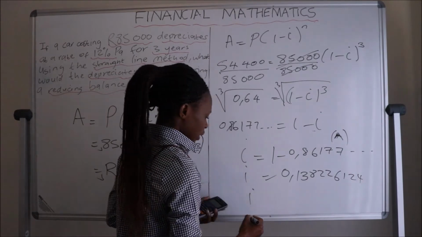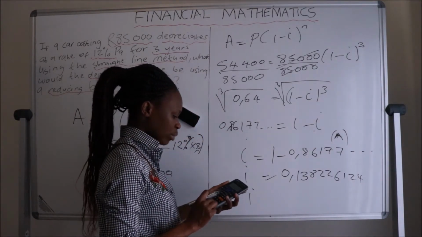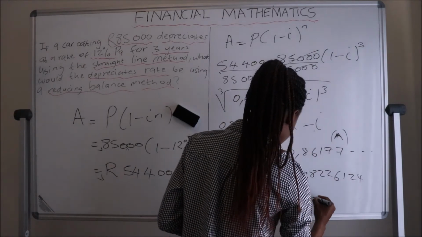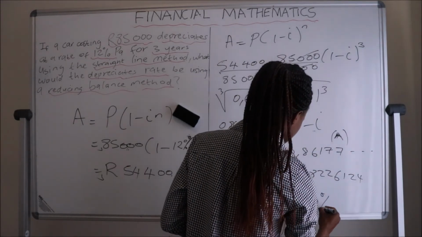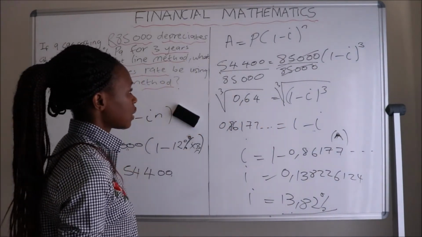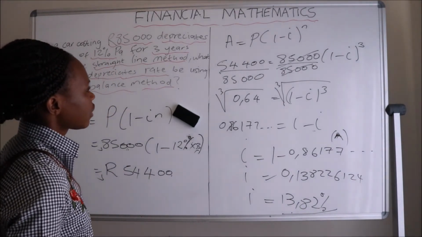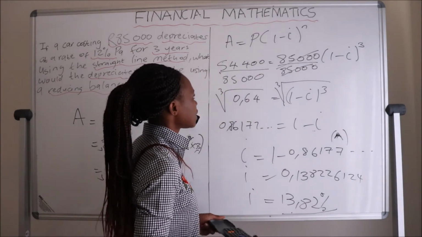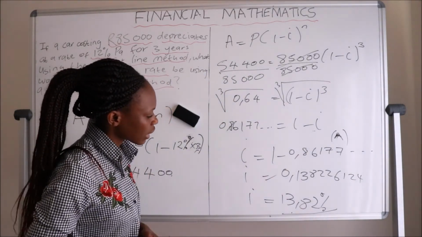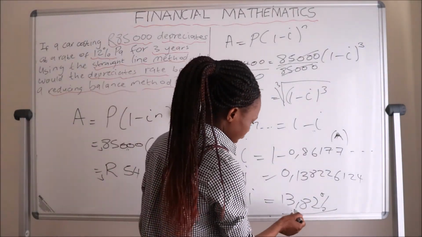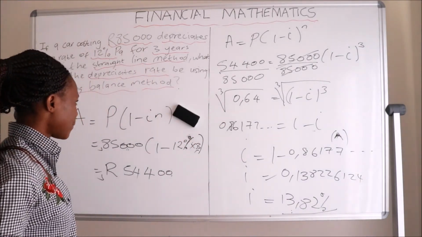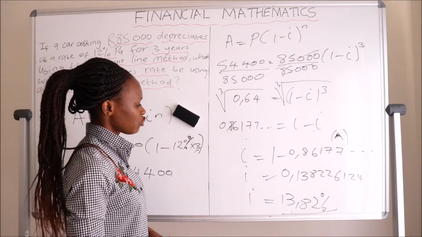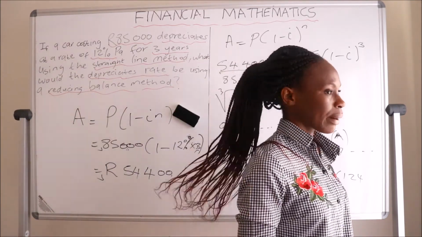Knowing that the interest rate has to be in percentage, what I need to do now is multiply that by 100, and we have 13.82%. So in the reducing balance method, if the car was originally 85,000 and in 3 years' time is worth 54,400, the interest rate used should be 13.82%. So with the straight line method, it was actually 12% to get to that amount.